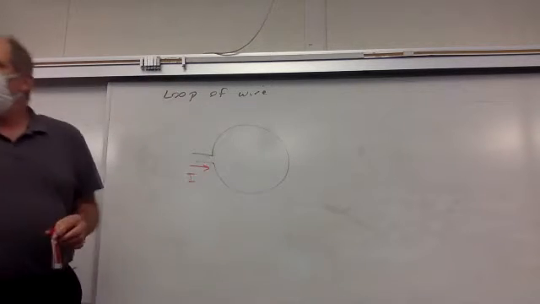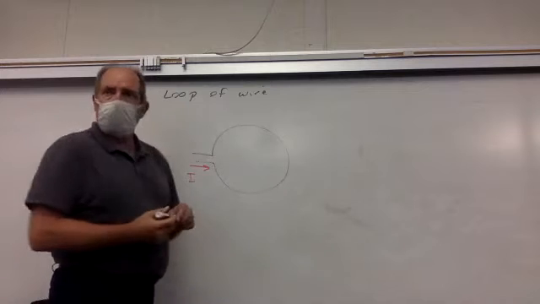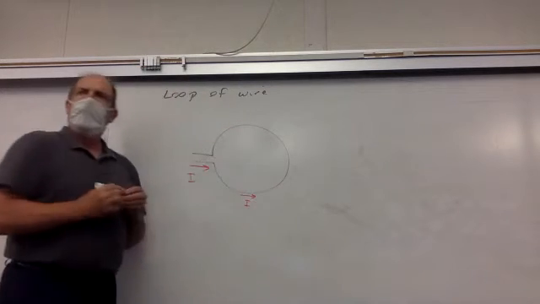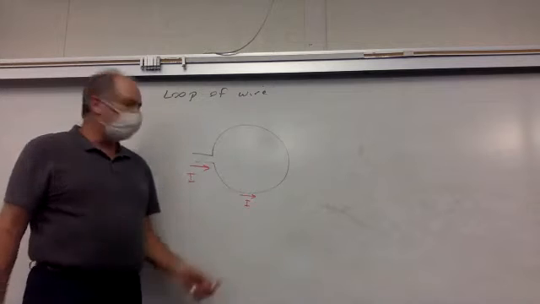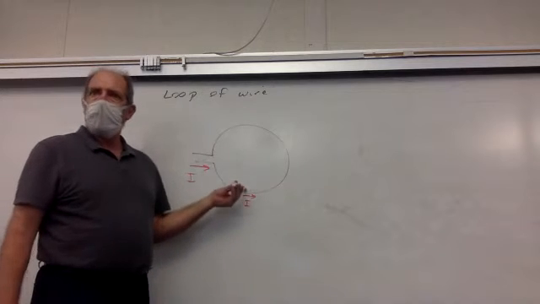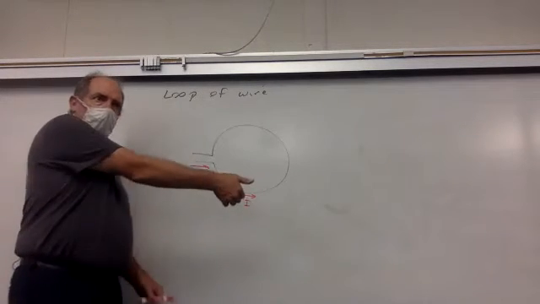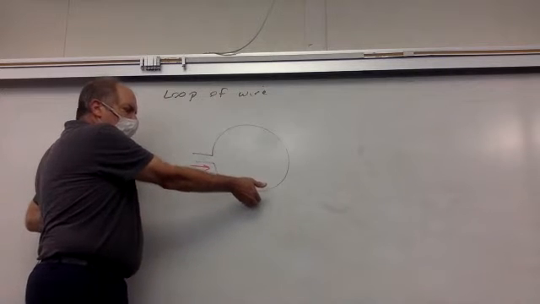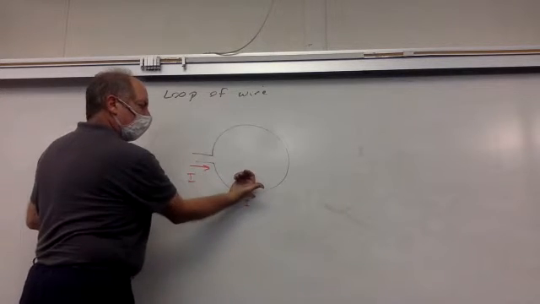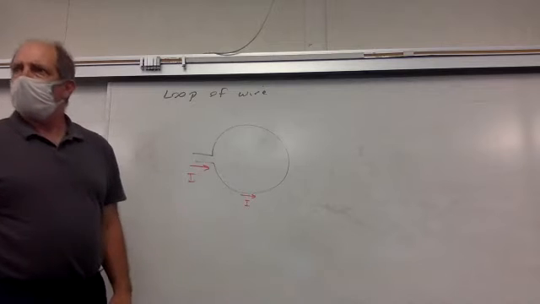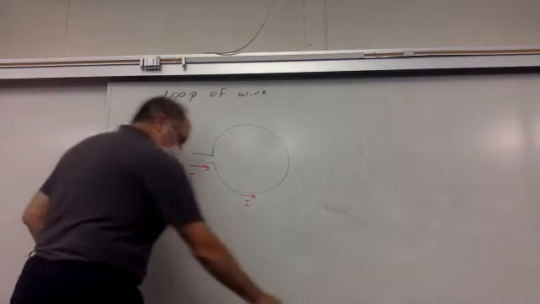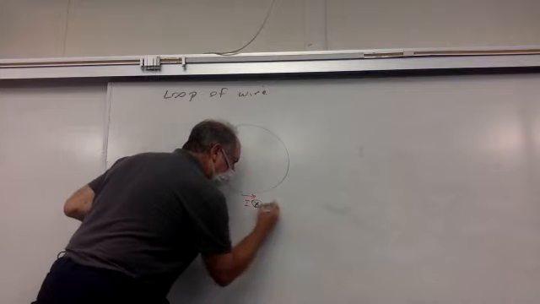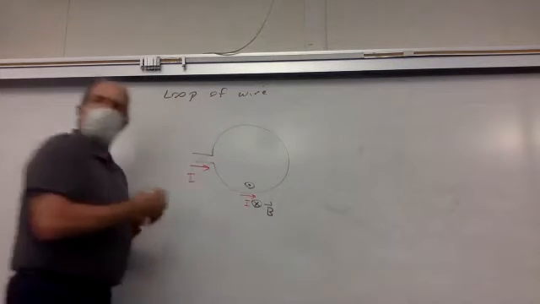Now let's examine what's going to happen at various parts of the wire. For example, what about down at the bottom here when the current is like this? According to the right-hand rule, what is the orientation of the field over here? I say it goes into the board below the wire, coming out of the board at the top of the wire. Would you agree? Okay, so it's going to go into the board there, out of the board there.